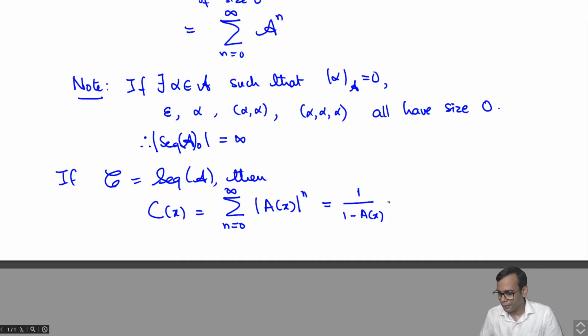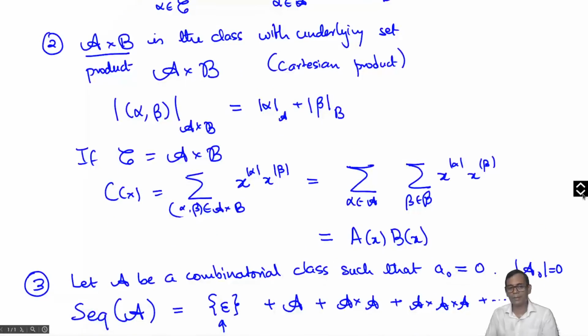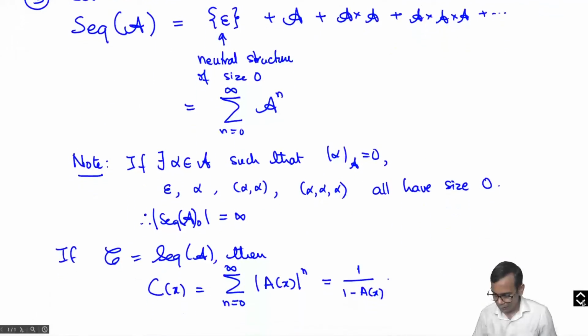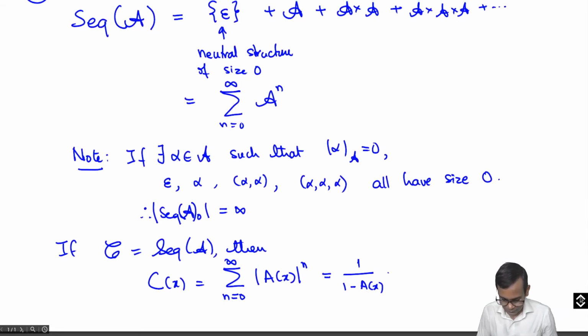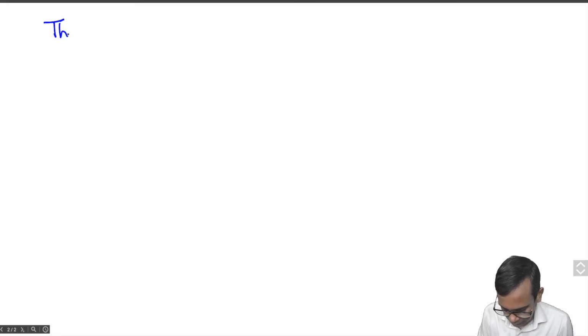Okay, now so these are going to be operations so that we can take simpler combinatorial classes and perform these kinds of operations and get more complicated combinatorial classes. But to start these constructions, we need some very basic combinatorial classes. Let me introduce two of them. So I'll call them the neutral class.